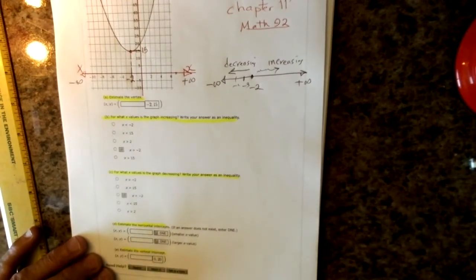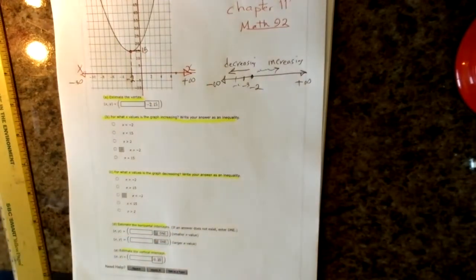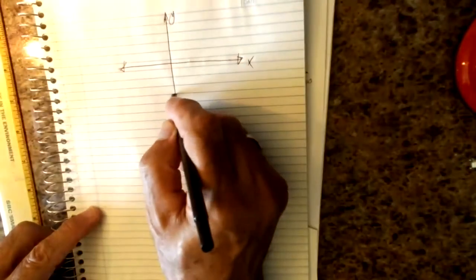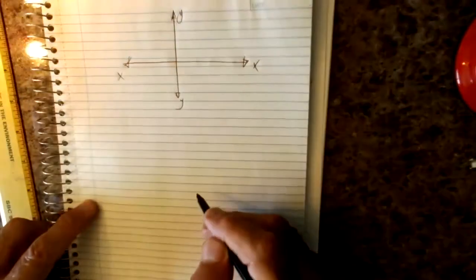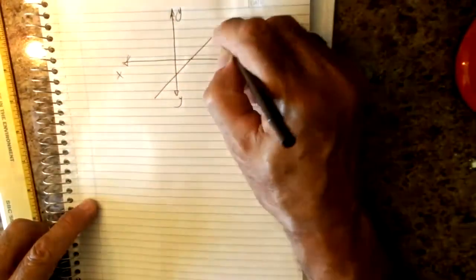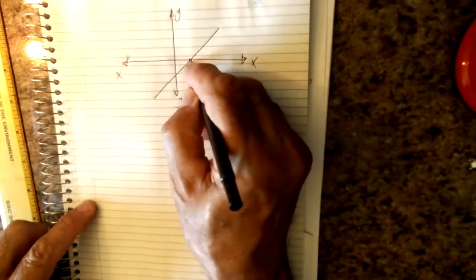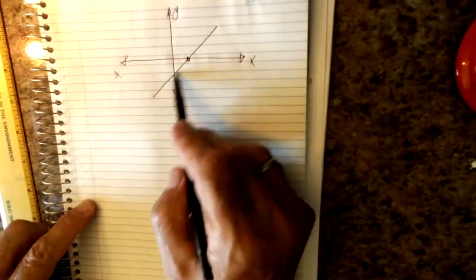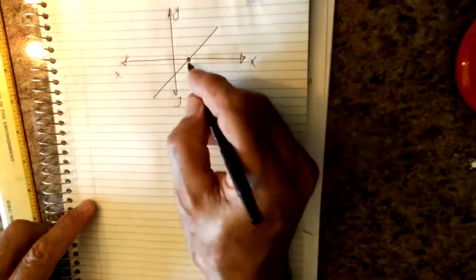Find the intercept. What is an intercept? Let's say you have this graph, I have the x and y axes, and I have a line. This line intercepts the x-axis at that point.